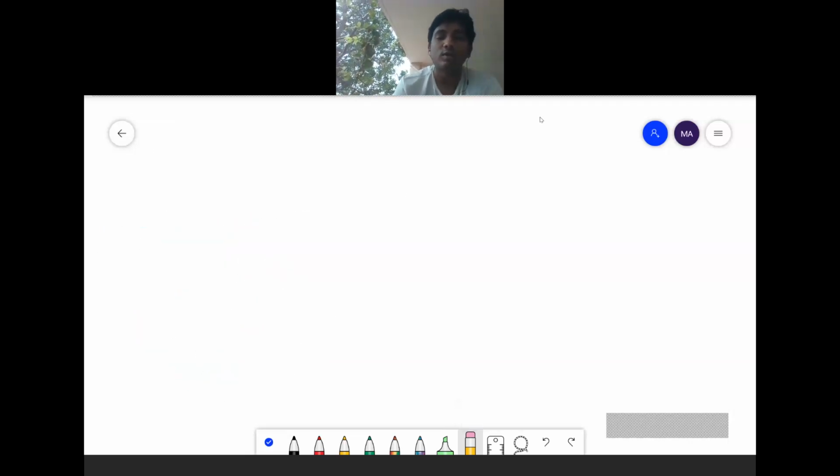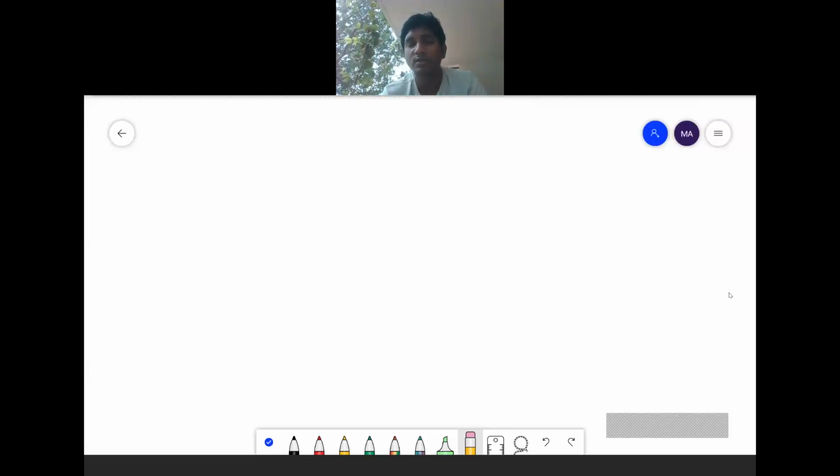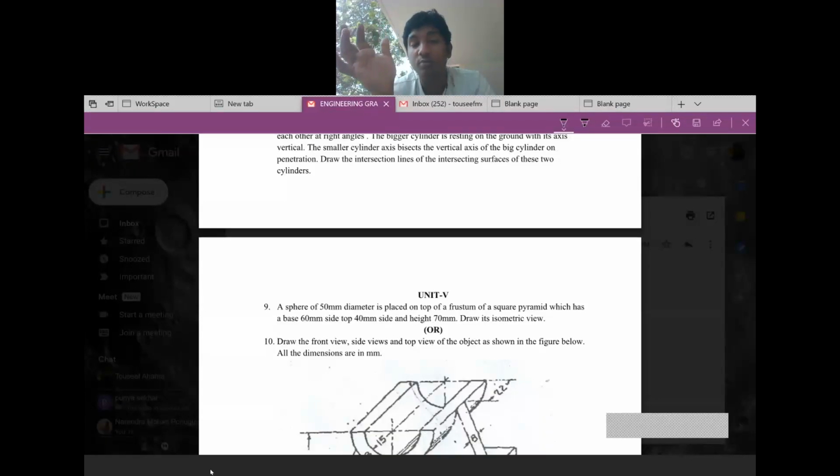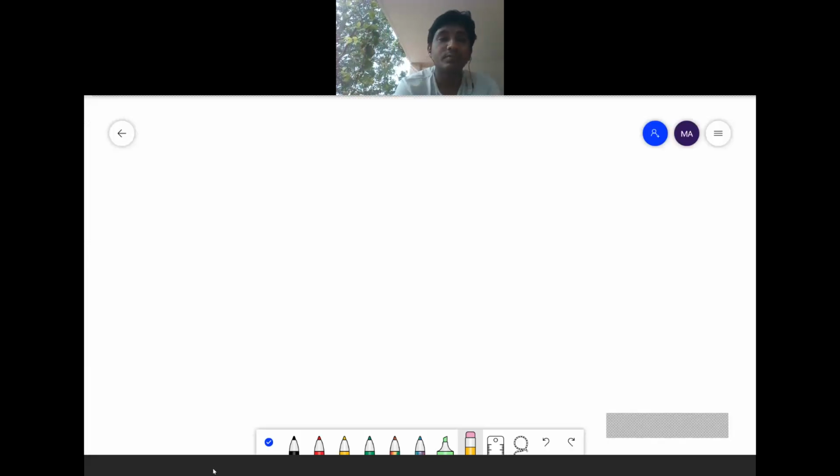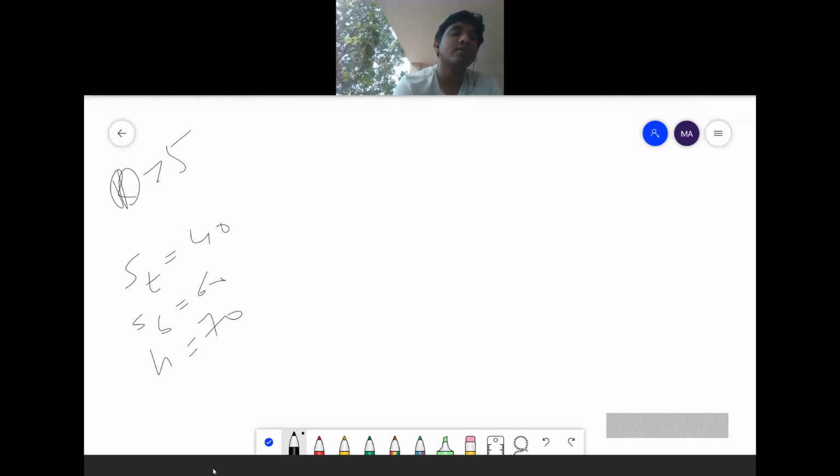Now we are going to draw the problem. It is very simple. You have drawn a lot of complicated problems in the previous classes. This one is very simple compared to those. Here he has given the top side 40, bottom side 60, height 70, and the sphere diameter is 50.